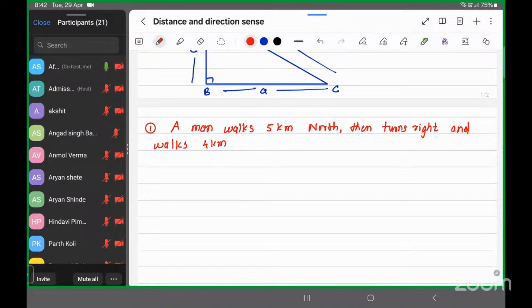He then turns right again and walks 5 kilometer. In which direction is he facing now?